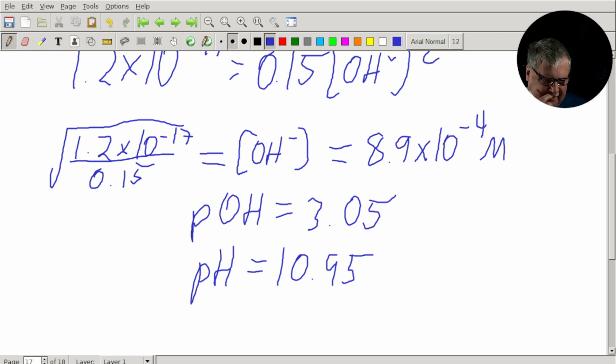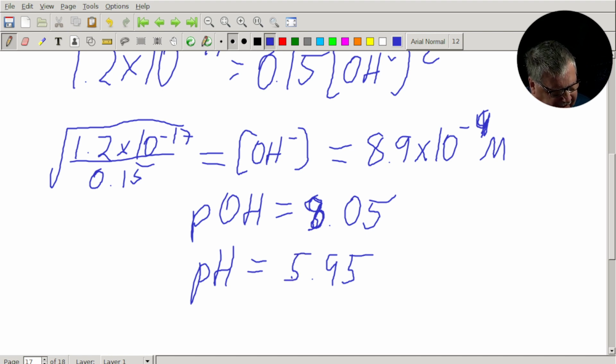Are you sure about that? Yeah, I guess... Okay, that sounds a little more reasonable. It's not going to be very large. So what does that mean? That means that the pOH is going to be 8.05, right? And so that means the pH is going to be 5.95. Yeah, that seems more reasonable.